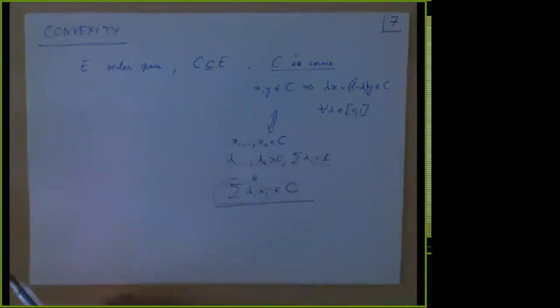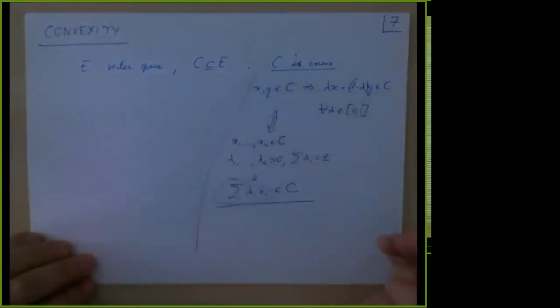So this could be expressed by saying that a set is convex if it coincides with its own convex hull. Okay, this sounds like a tautology, but it isn't. So this claim needs a proof. The proof is not hard, but I suggest you to check that this is correct if you have not seen it before.